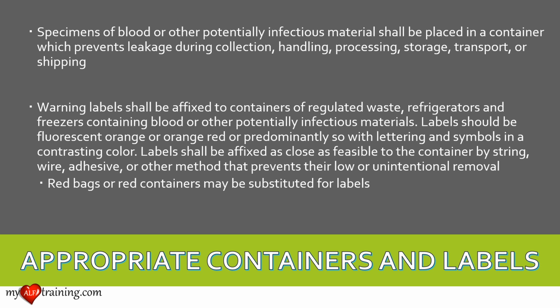Warning labels should be affixed to containers of regulated waste, refrigerators, and freezers containing blood or other potentially infectious materials. Labels should be fluorescent orange or orange red or predominantly so with lettering and symbols in a contrasting color. Labels should be affixed as close as feasible to the container by string, wire, adhesive, or other method that prevents their loss or unintentional removal.